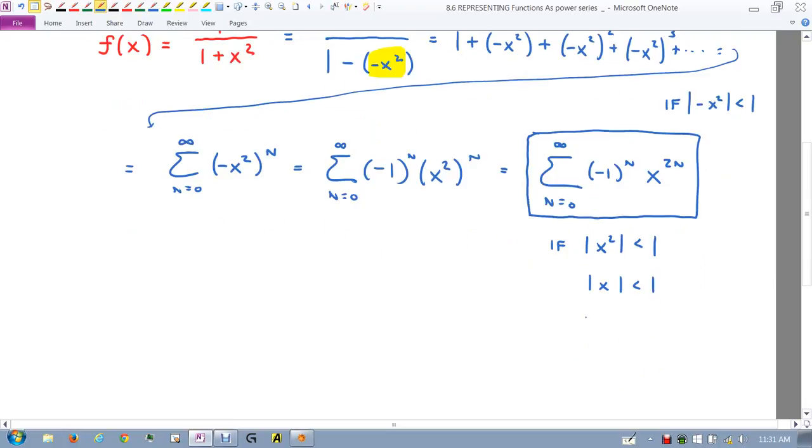And so your interval looks like this. This is your interval of convergence. And why don't I need endpoint checks? Because it's geometric, and we know what happens with geometric series. At the endpoints, right, it would diverge.